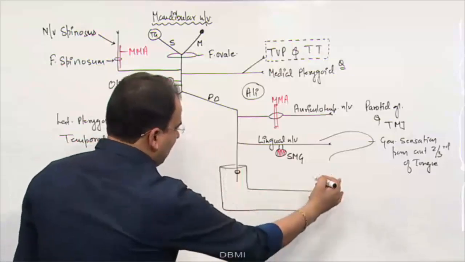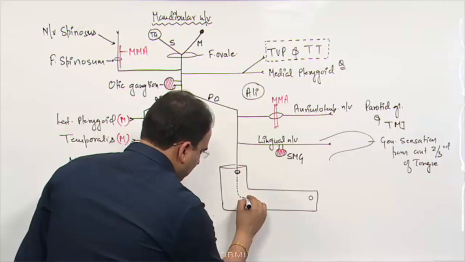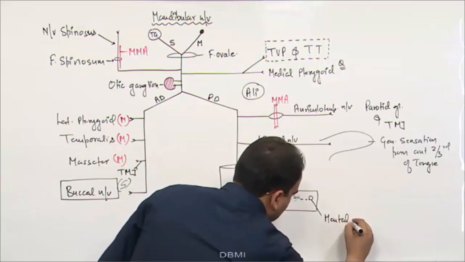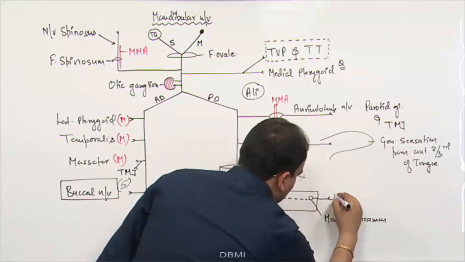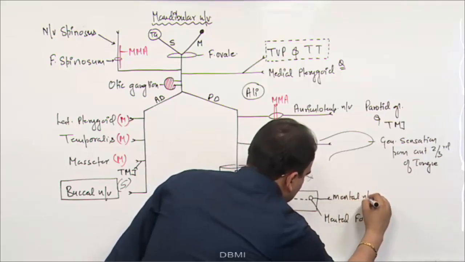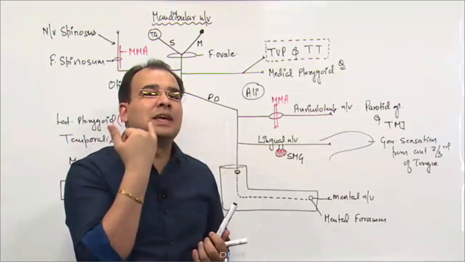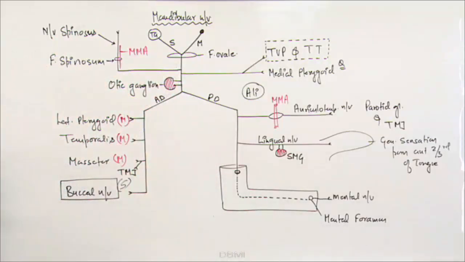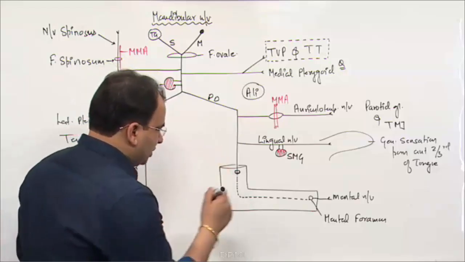It runs in the mandibular canal and comes out through the foramen called the mental foramen, and is referred to as the mental nerve. Mental nerve, as the name suggests, from the mental foramen, supplies the skin of the chin. The skin of the chin region is supplied by the mental nerve. Now this is the inferior alveolar nerve.